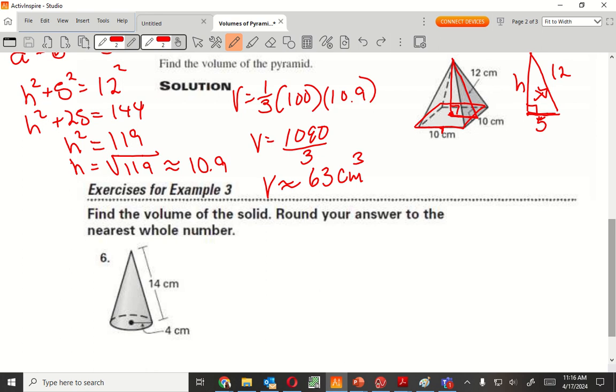Do the triangle first. So we start by drawing the triangle, because this gives you the slant height.